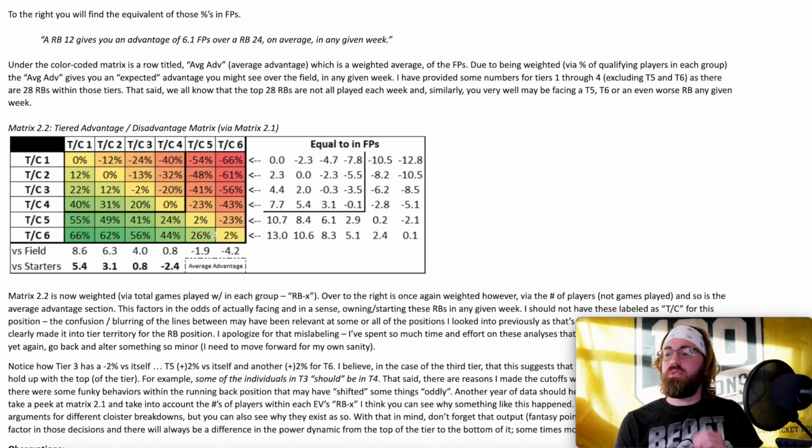We know that. If you want to argue that some of the top-end tier 3 players may count, go back up to matrix 1 and remember the fact that there are only 4 running backs who averaged in the RB18, and then, well, things don't appear to be backing up such a claim that that little tier 3 advantage here is something that you would want to be relying upon.